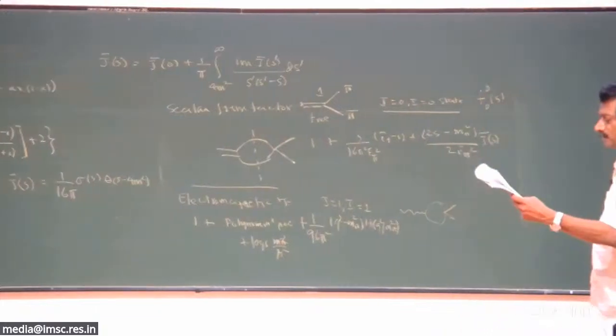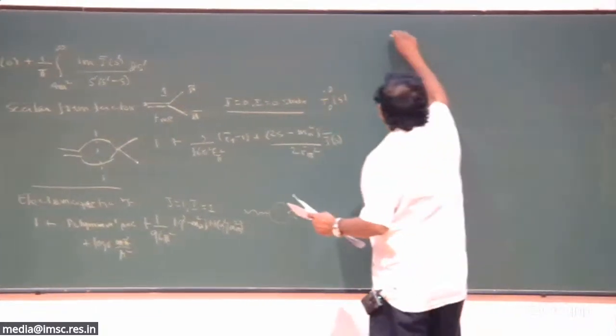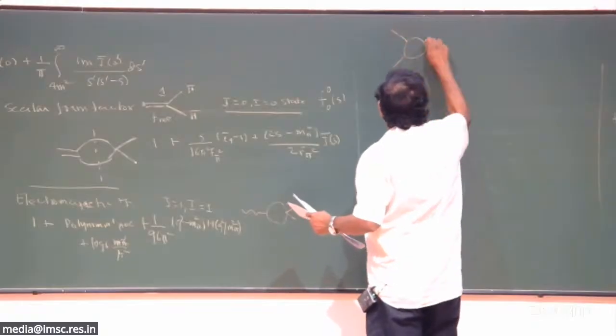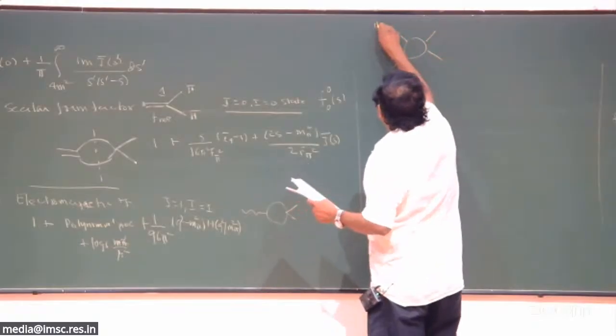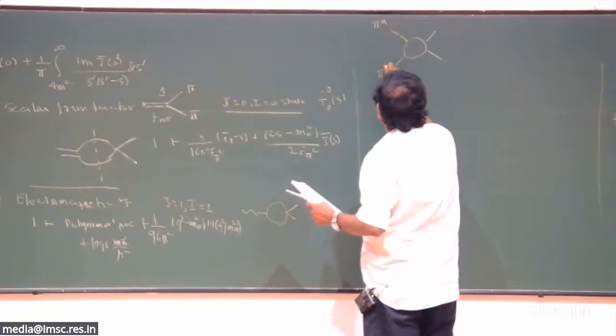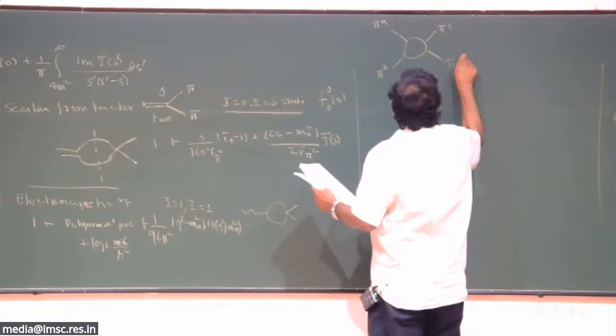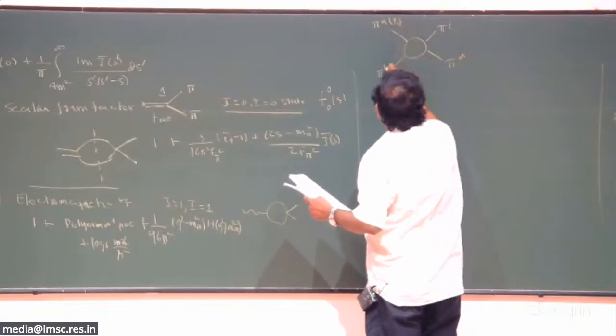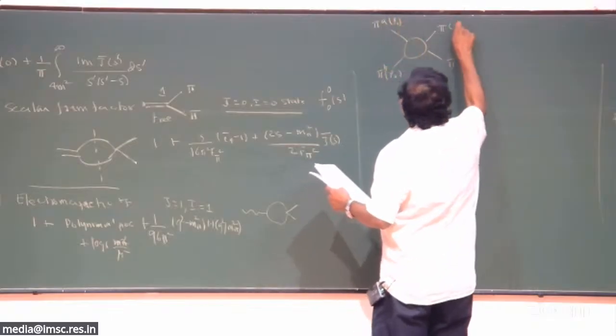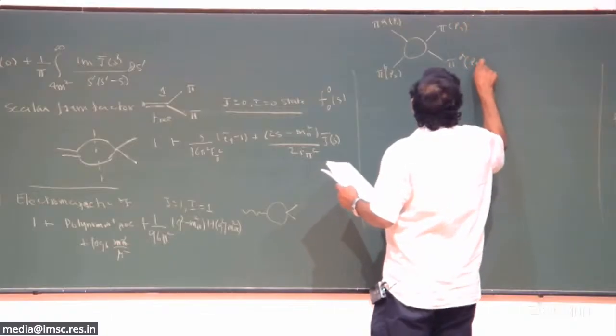So yesterday I wrote down for you the pi-pi scattering amplitude schematically. This was pi A, pi B, and pi C, pi D, with momenta P1, P2, P3, P4.